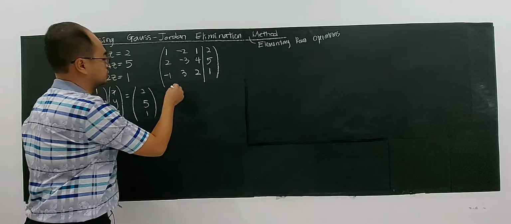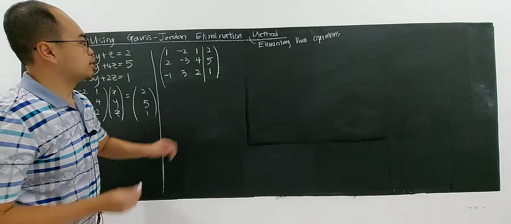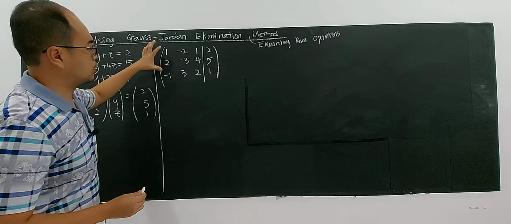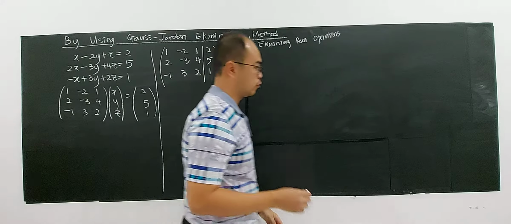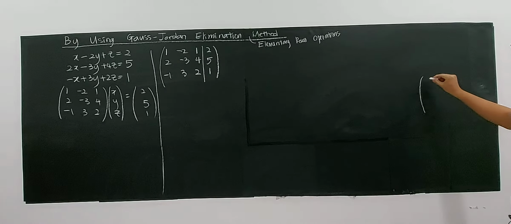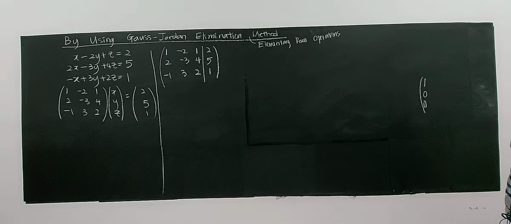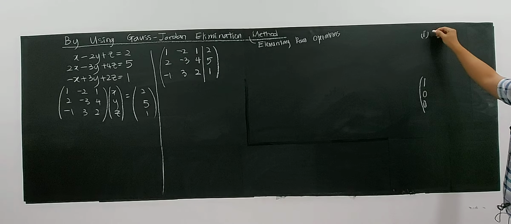Now, as you remember, we have to use elementary row operations. I have taught you the method: I want to make this become 1 and this 2 become 0. You have 3 types of step.